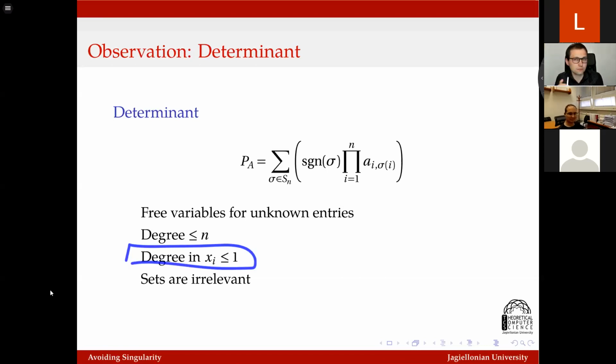Okay, so maybe the first observation is, if I allow any two values for each free entry, it's the same as allowing all the values in the field, because we can find a solution that uses any values, and then one by one, by substituting one of those two values for each free entry, we can repair that solution so that it chooses the value for each entry from the set of size 2.